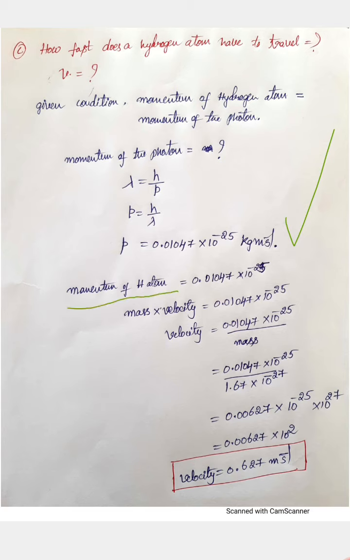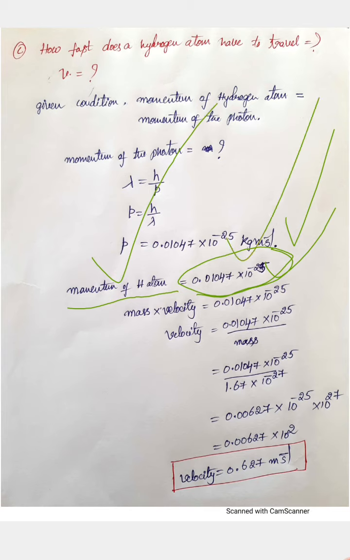Now momentum of the photon is equal to momentum of the hydrogen atom, so whatever the momentum of the hydrogen atom is, that must be equal to momentum of the photon. In the given question only they have mentioned momentum of the hydrogen atom must be equal to momentum of the photon, so we have written momentum of the hydrogen atom is equal to momentum of the photon only.